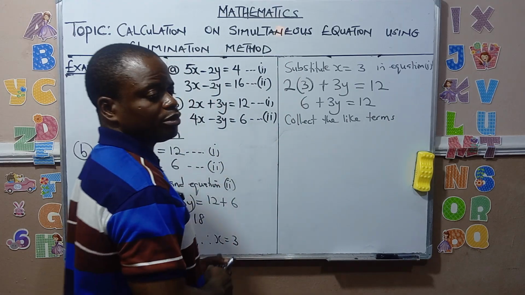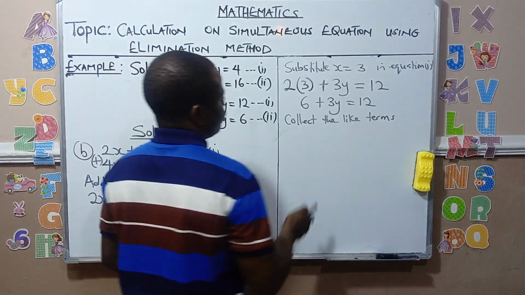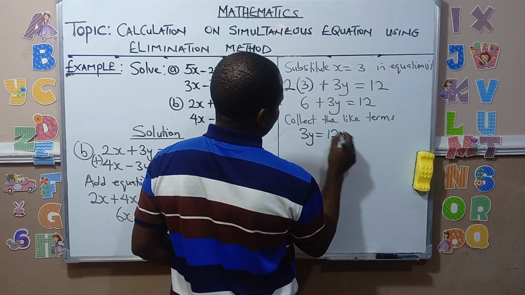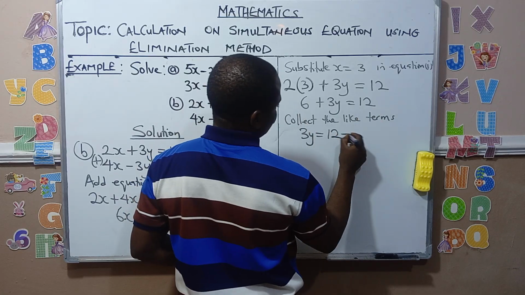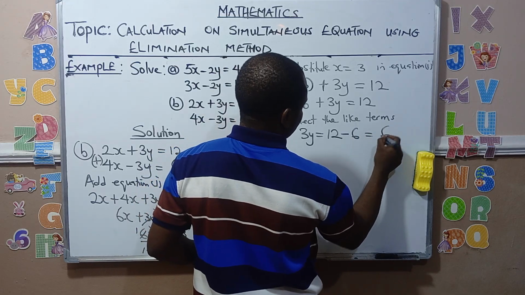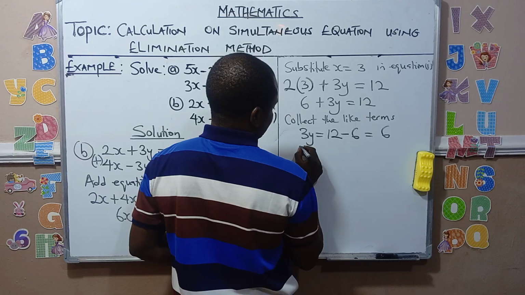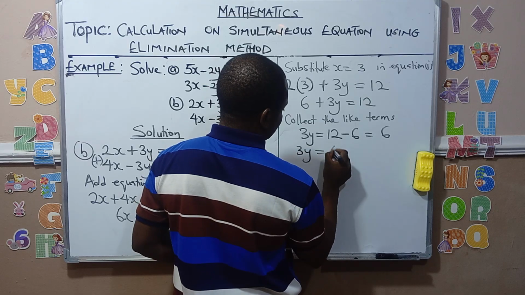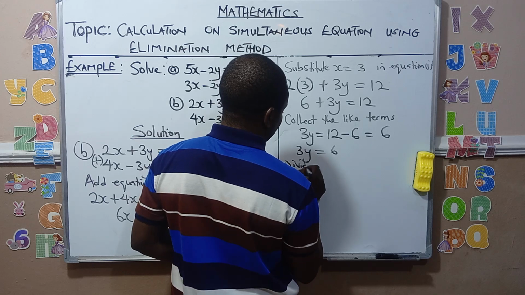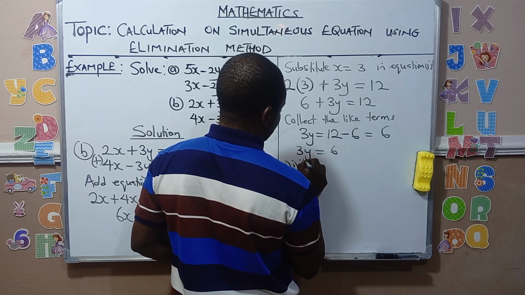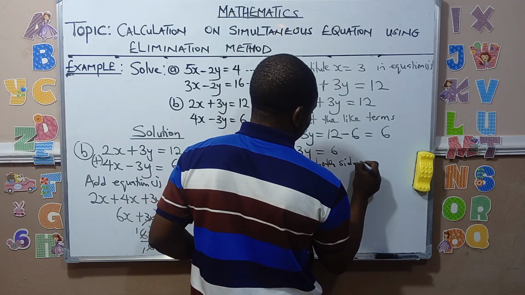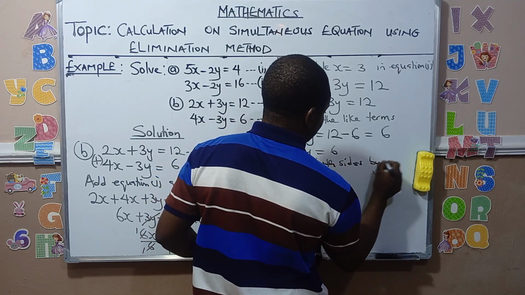When you collect the like terms, you now have 3y equals 12. Take 6 across the equal sign, it turns to negative. 12 minus 6 is equal to 6. 3y equals 6. Divide both sides by 3.